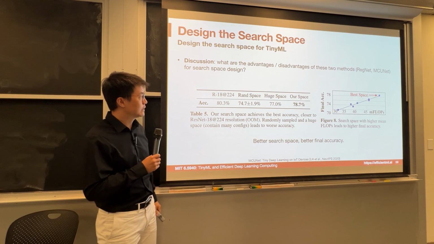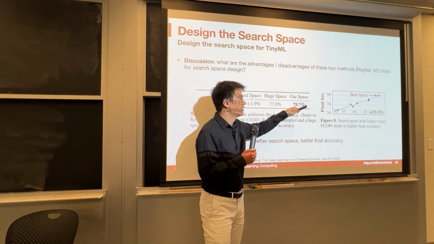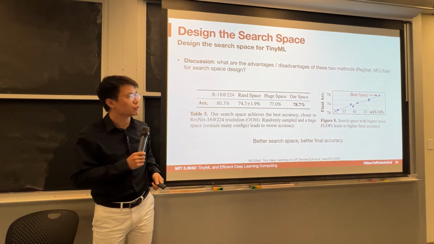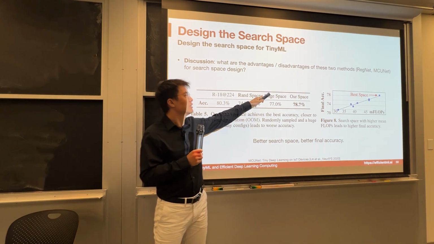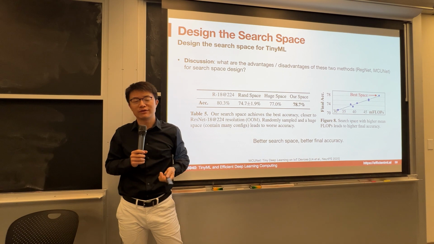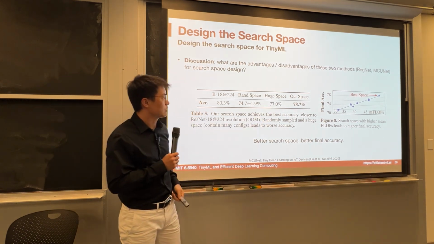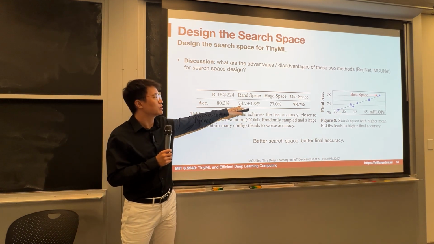All right, so indeed, compared with other heuristics, the narrowed design space rendered a pretty good accuracy after the search. It's even better than using a much larger, huge search space, which, given the fixed amount of search time, cannot achieve good results. Compared with this random search space, it is pretty bad.